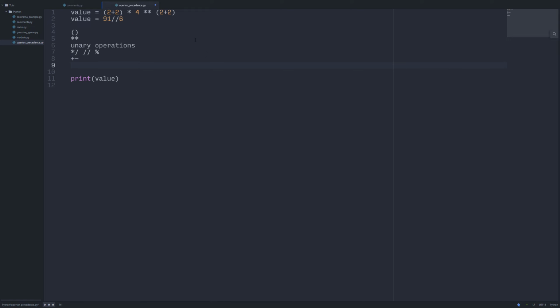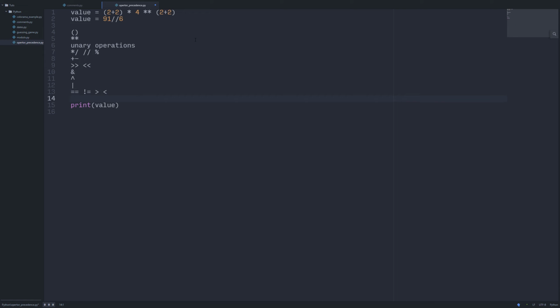Then it will be our bitwise operators, like bitwise AND, XOR, and then bitwise OR, followed by our usual comparisons: greater than, less than, et cetera.